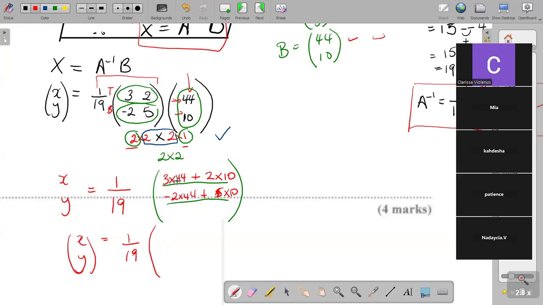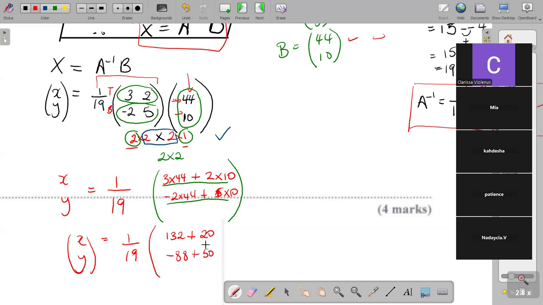So what's the answer for up here? What's 3 times 44? Somebody get a calculator. Thank you. 132 plus 20. And this would be -88 plus 50.